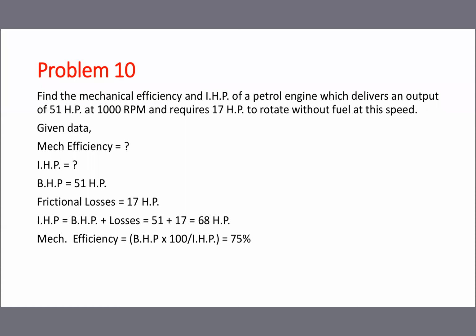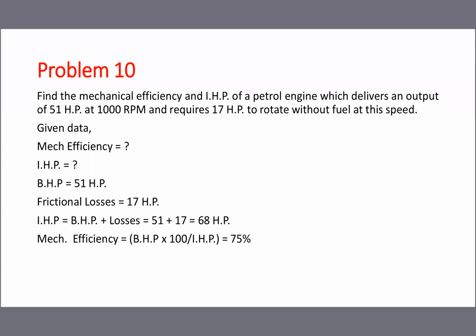The delivering power 51 HP is called output power, given. At 1000 RPM, that is extra data, you don't bother. And requires 17 HP to rotate it, that is the frictional horsepower. So BHP given, FHP, frictional horsepower, given.